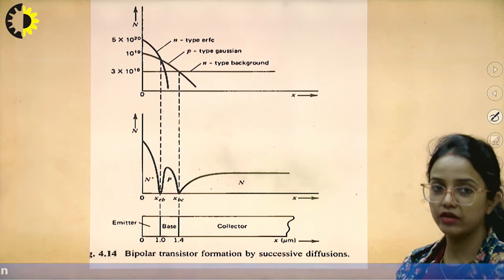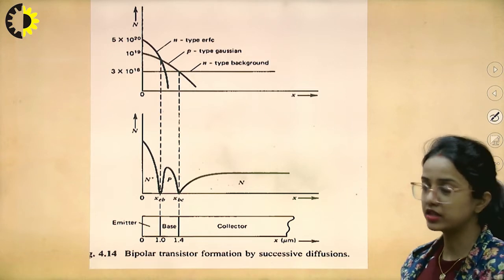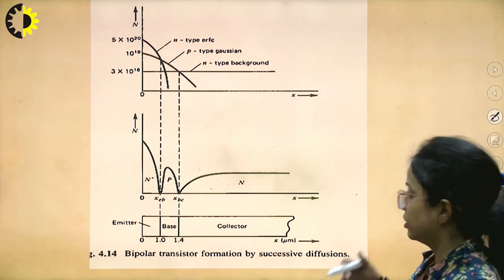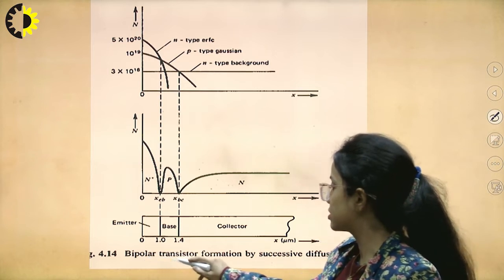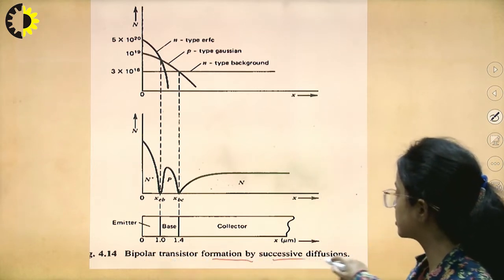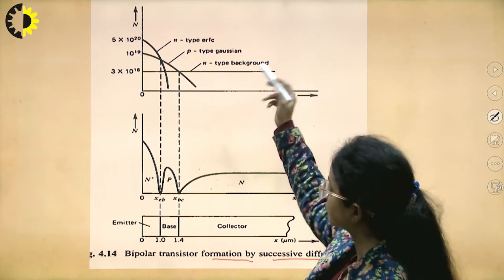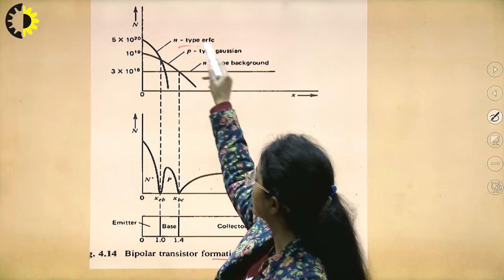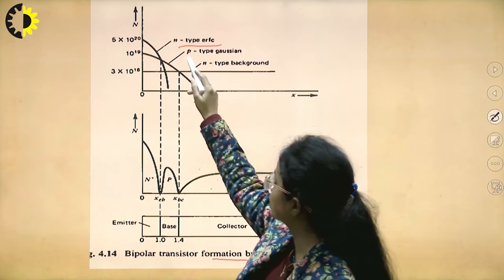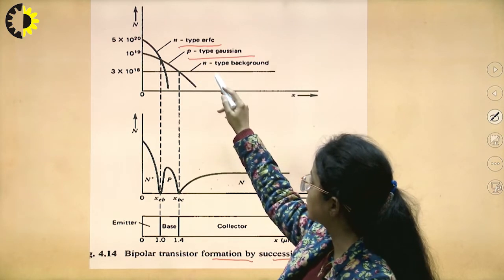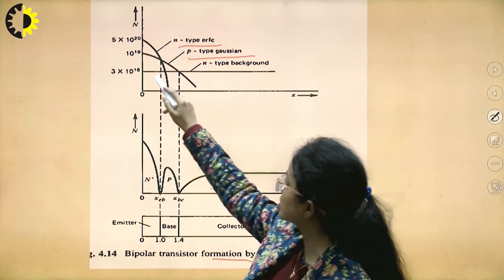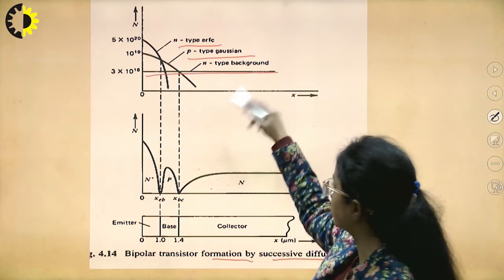Here we are studying the related bipolar transistor formation by successive diffusions. We can see that the first curve is showing n-type, the second curve is showing p-type Gaussian, and the third curve, this straight line, is showing the n-type background.